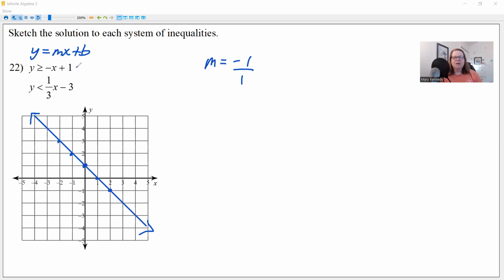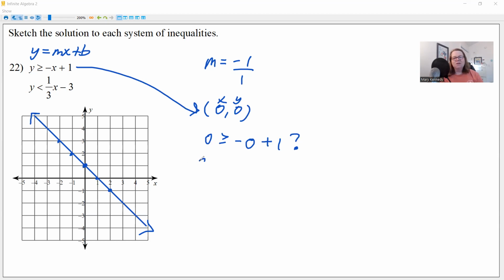And so I'm going to take that and I'm going to test out 0, 0 for my test point. That's an XY coordinate. So I'm just going to substitute for X and for Y here. So Y is 0, greater than or equal to negative X, which I'm going to put in as 0, plus 1. And the question is, is that true?